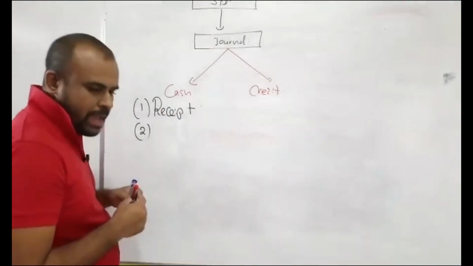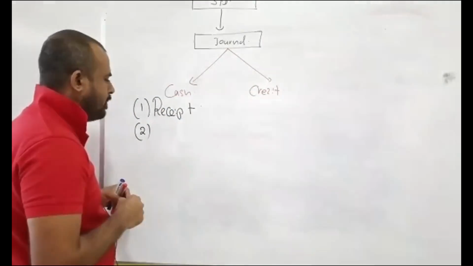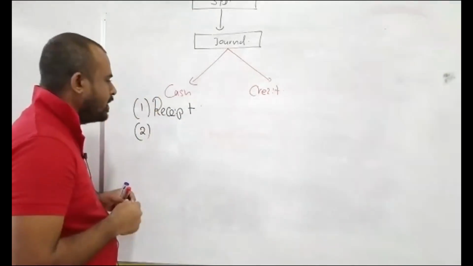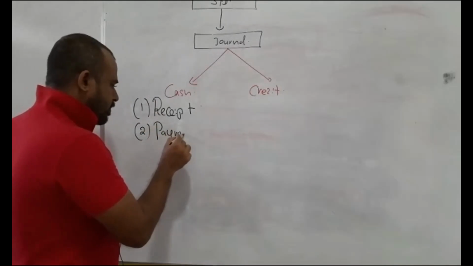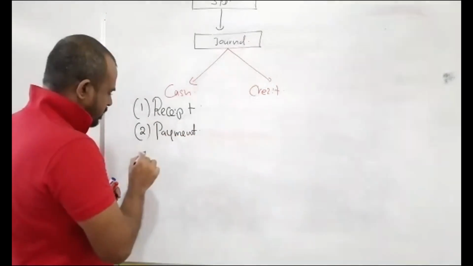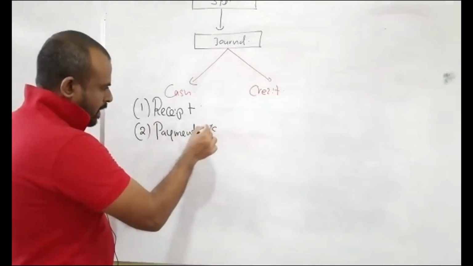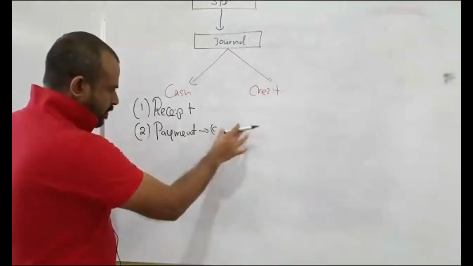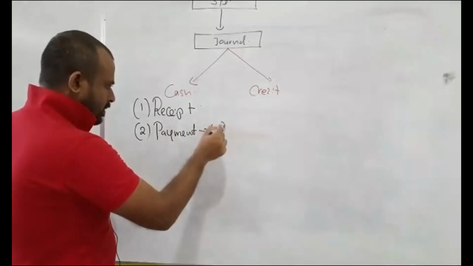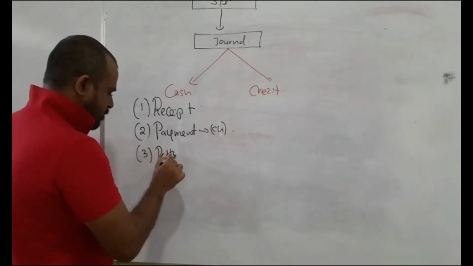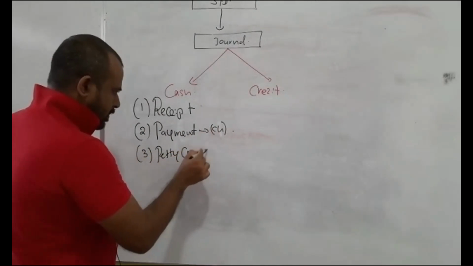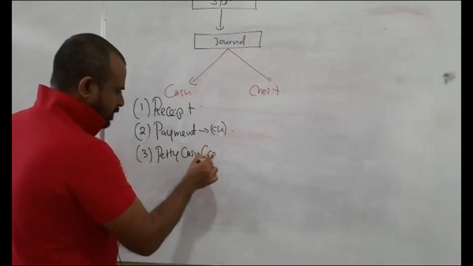And when it comes to payments, you have recorded them in two places. One is the payment journal, where you record the cheque payments, and then the petty cash payment journal, where you record the cash payments.